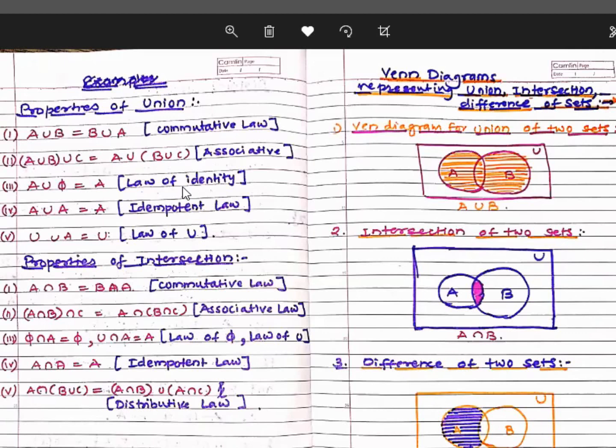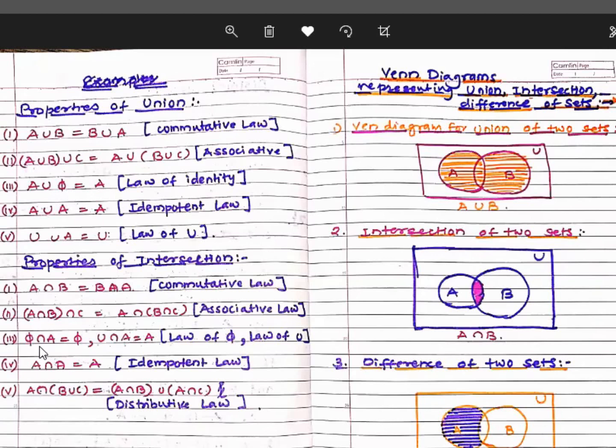Okay, for the next one, the law of identity, the empty set we can also say. So A union phi, that is union of any set with the null set, will be the set A itself. So if you have taken the set A, union of A with phi will remain A only.